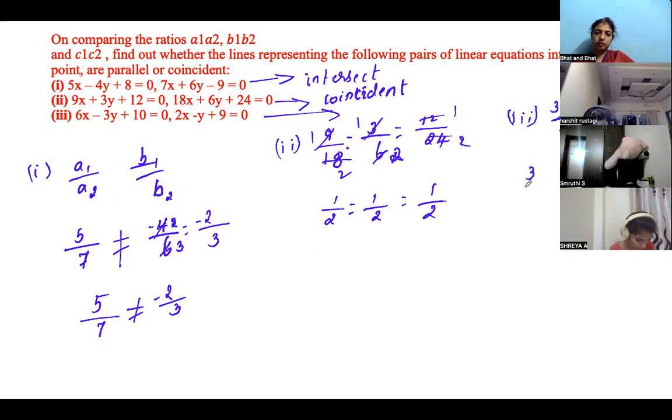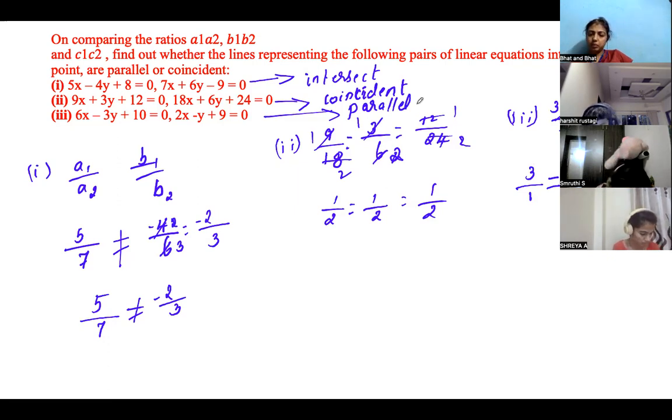So we can write 3 by 1, and minus and minus get cancelled, so it becomes 3 by 1. Now A1 by A2 is equal to B1 by B2. Is this equal to 10 by 9? No, they are not equal. Therefore, this is of the last type. So what is the type of graph? It will be parallel lines, right?